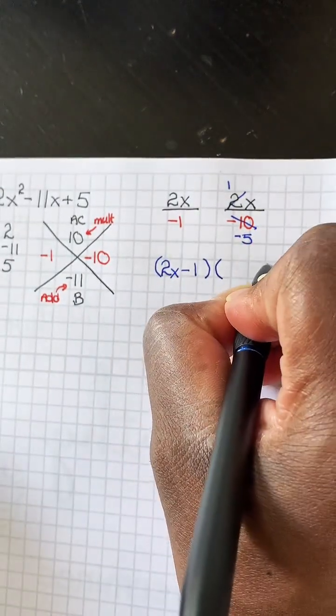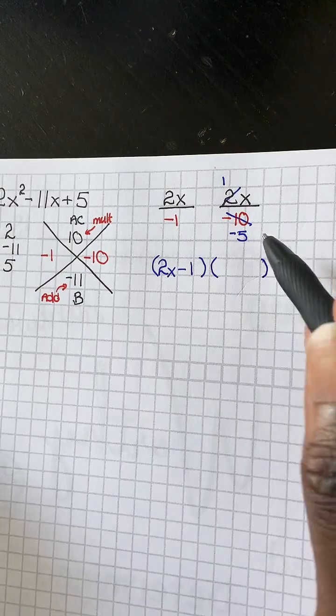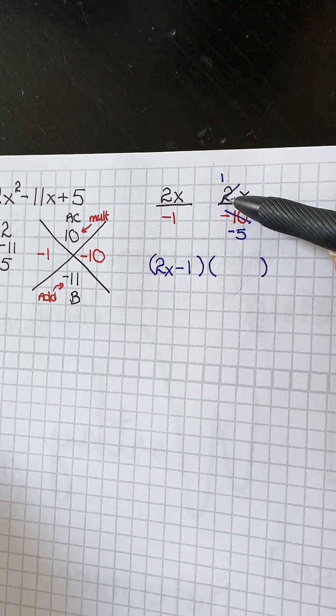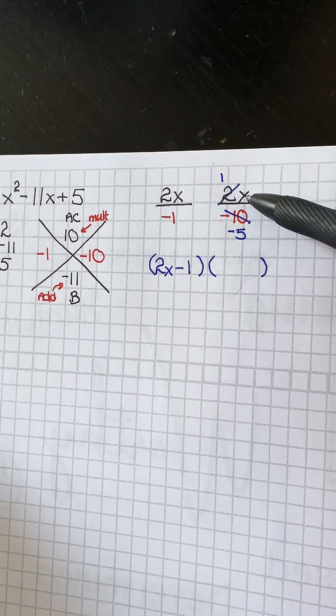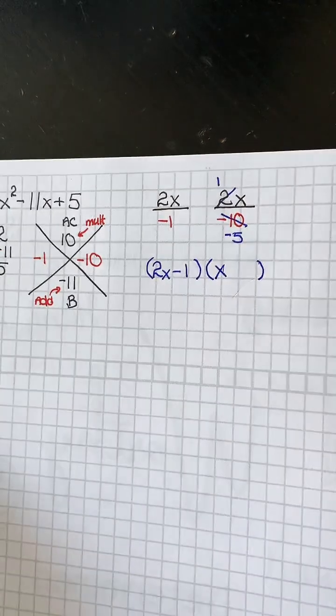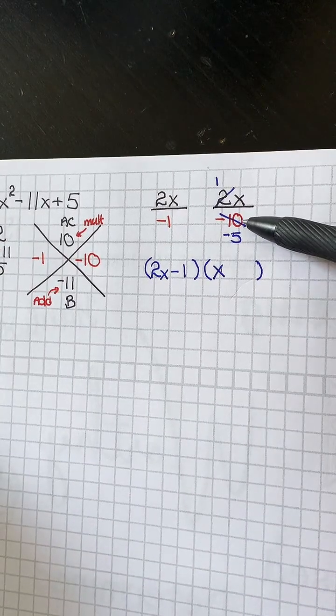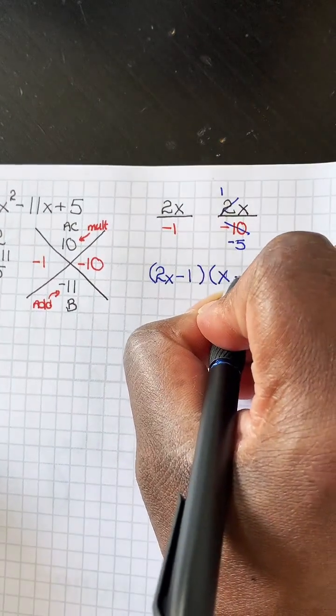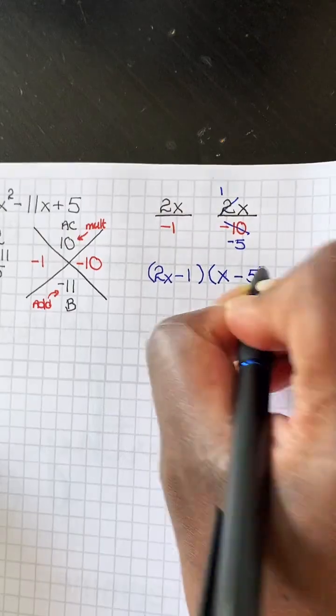The parenthesis of the other fraction is not a 2 anymore because we reduced it; it's a 1x, which is the same as saying x. And the denominator is not a negative 10 anymore because we reduced it to negative 5. So you bring down your minus 5.